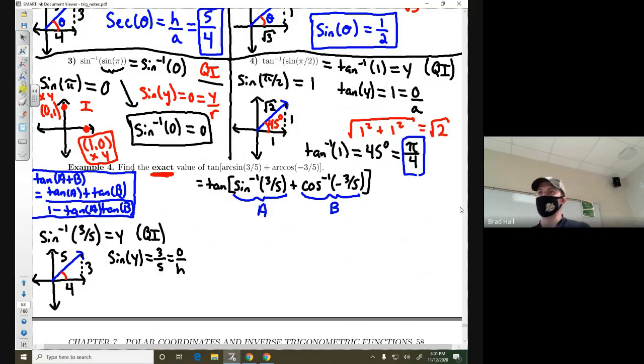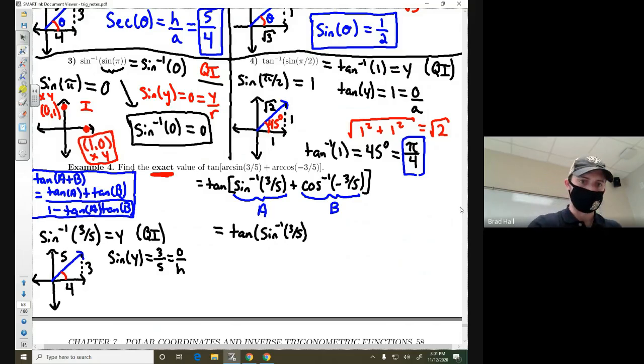So if we were to apply this formula to our current problem, it tells us that we would have tan of A, which is sine inverse of 3 over 5. Well, I missed my chance to write this in a more compact way.